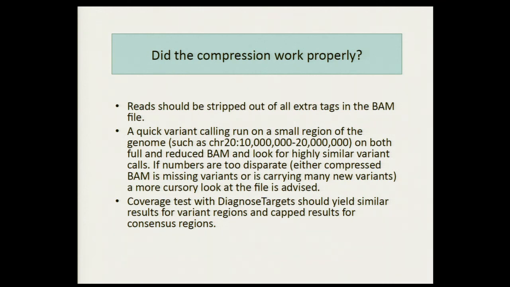Why do I say similar but not exactly the same? Because we have some caps on the coverage. On a consensus read, if the coverage is beyond 128x, it'll be just capped at 128. The reason being, we can save more space by keeping the size of the number to a byte.